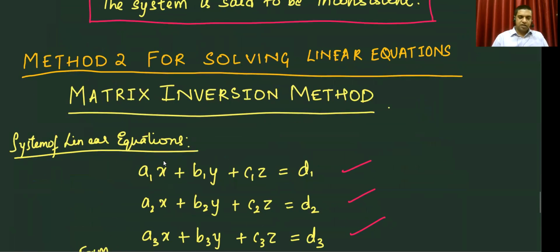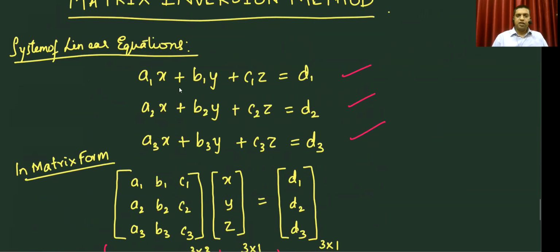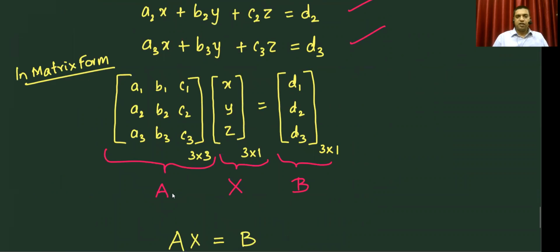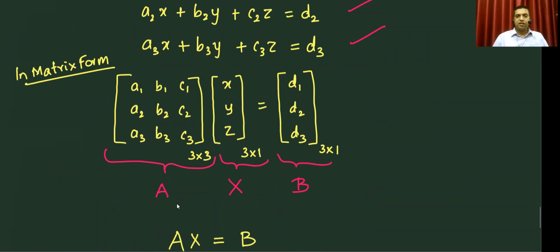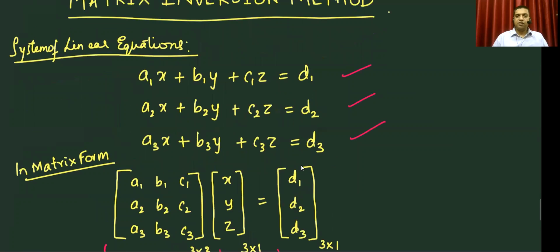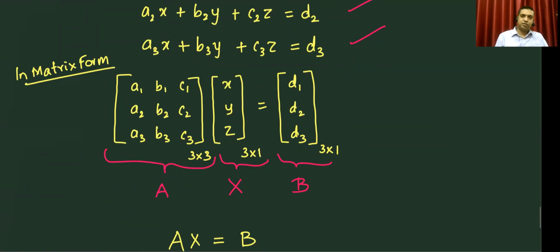And then next we discussed the matrix inversion method. The coefficients of x, y, and z are written in matrix form like this.